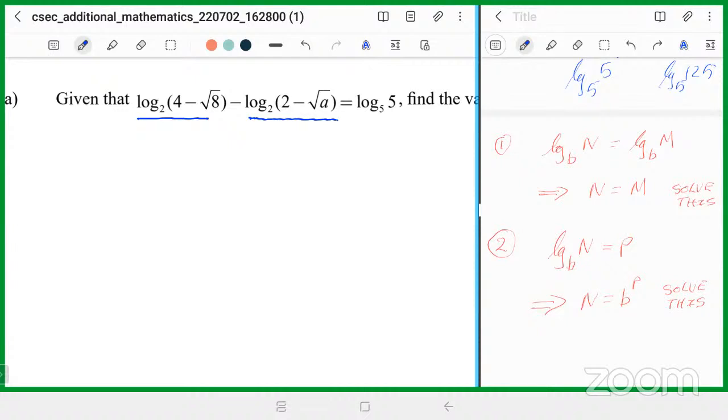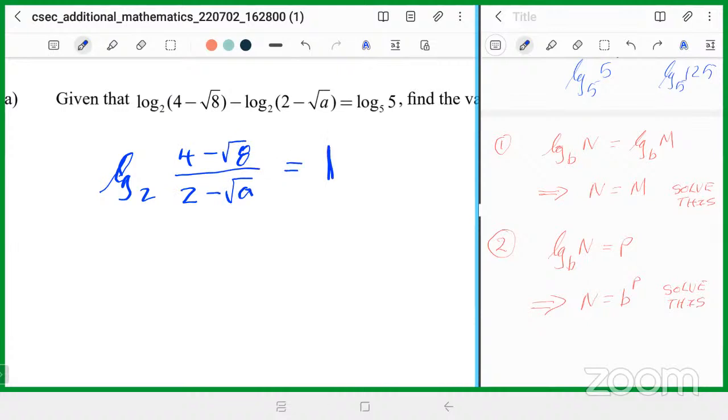So this whole thing becomes the log of the quotient. The left side becomes the log to base 2 of this divided by that, which is 4 minus root 8 divided by 2 minus root a. And that is equal to 1.